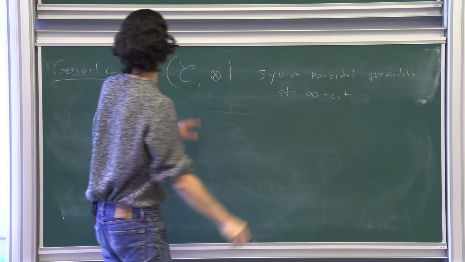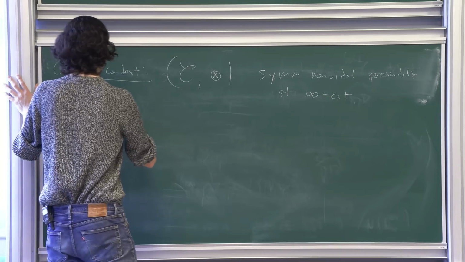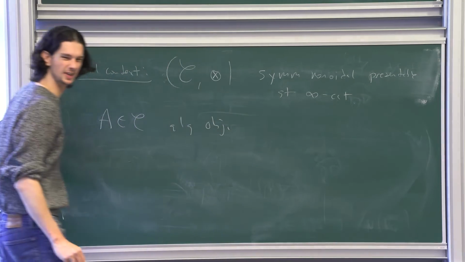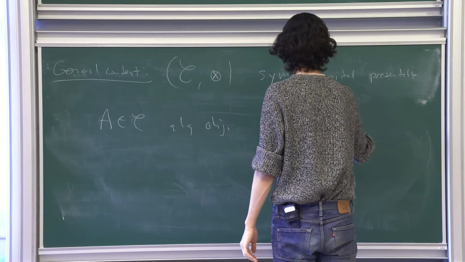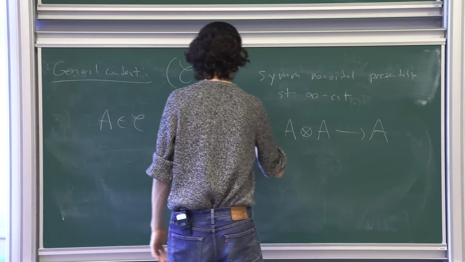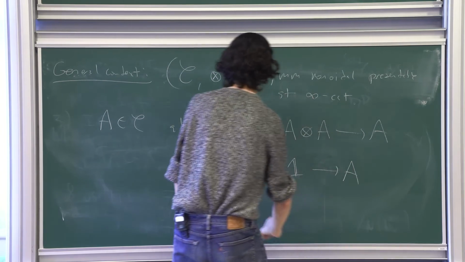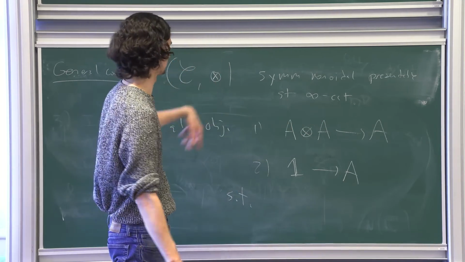And yeah, presentable, let me include that tensor product commutes with colimits in each variable. And let's say A in C is an algebra object. And I only need it in some kind of weak sense. So let's say that we have a multiplication map, literally just A tensor A goes to A. We have a unit, so there's the unit object in the symmetric monoidal category, and then we require that the multiplication is either left or right unital.